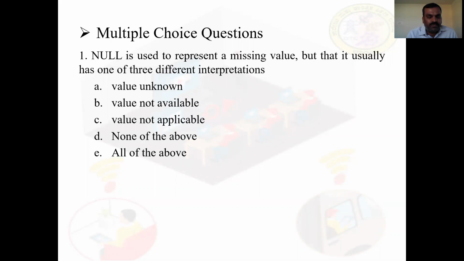And three-valued logic expressions are and, or, and not. Here there are three values: true, false, and unknown.